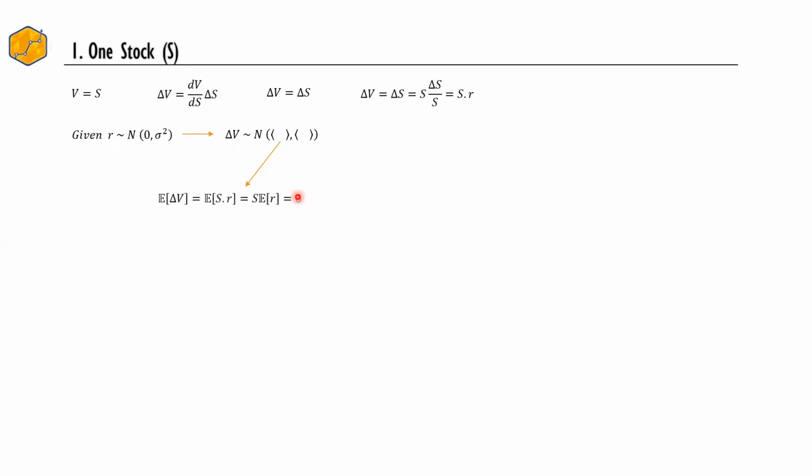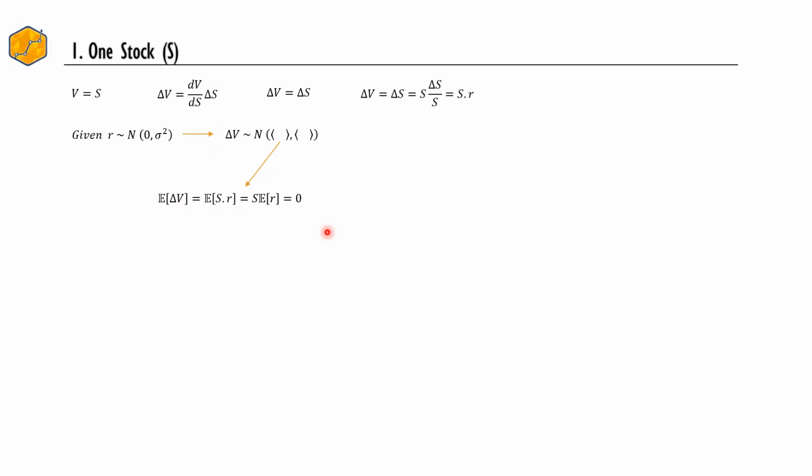Awesome. Very simple, right? Expected value of delta V is expected value of S times R. S will come out. It's just scaling. Remember, which is the variable here? The random variable is R. R is a normal random. So it is S times the expected value of R. Expected value of R is 0. So the mean of PnL, our final portfolio PnL, is normally distributed with a mean of 0. On average, you expect no gain, no loss.